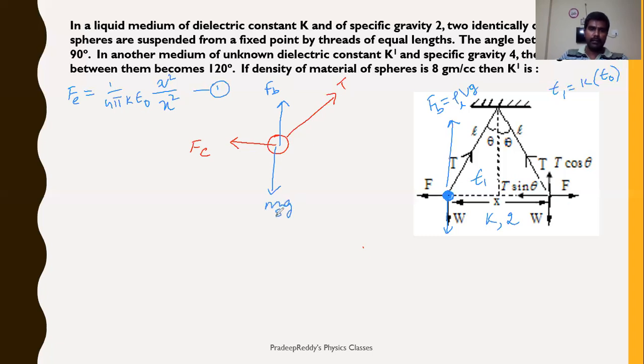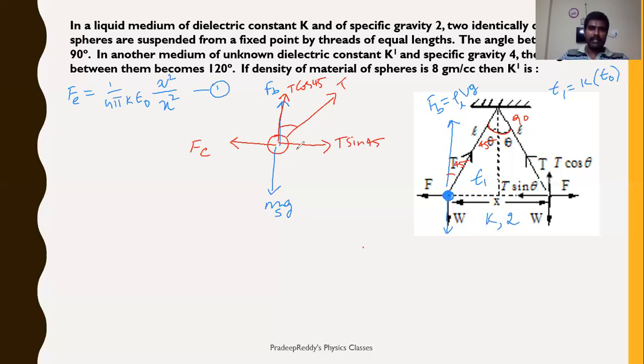This is the mass of the solid into acceleration due to gravity. And tension, you can resolve it into components, one component this side and the other component this side. As we know, this is 90, then this becomes 45, and this becomes 45. Therefore, this is T cos 45, and this is T sin 45.